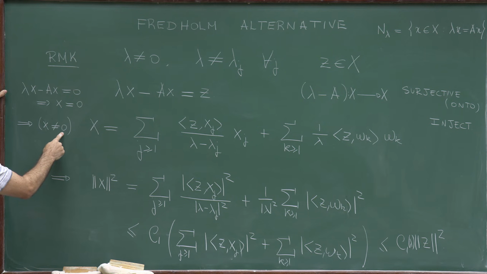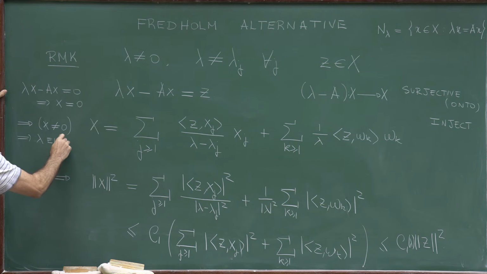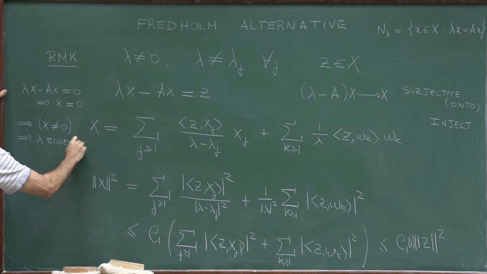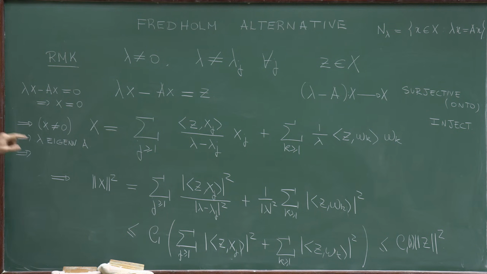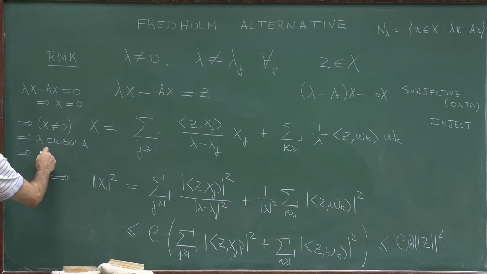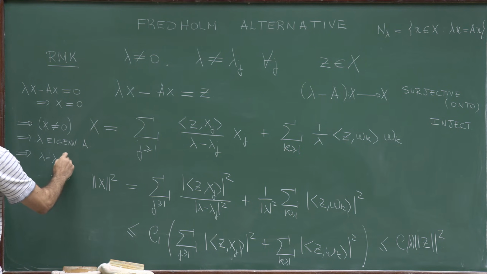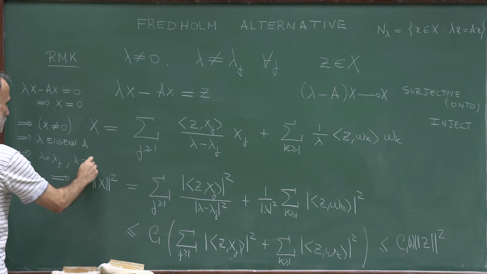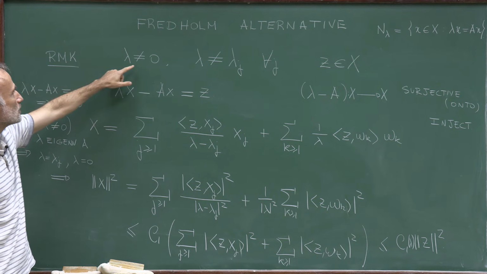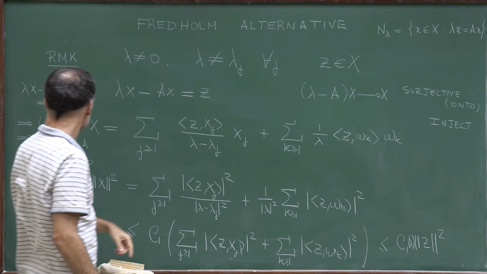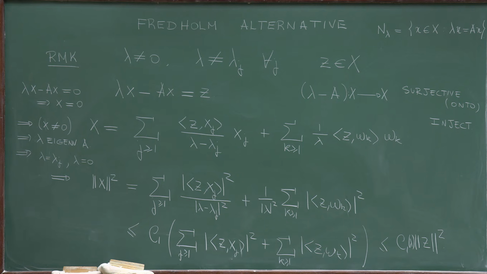If x is not equal to 0, this means that lambda is an eigenvalue of A. And we have seen that if lambda is an eigenvalue of A, then lambda is either equal to some lambda j or equal to 0. But I assume that lambda is different from 0 and different from all lambda j. So I get a contradiction.